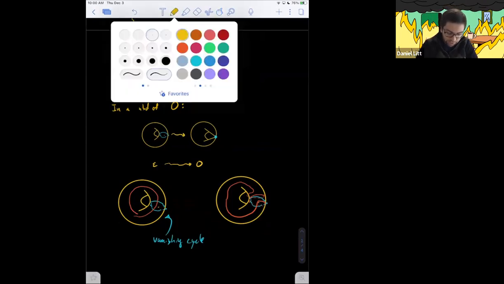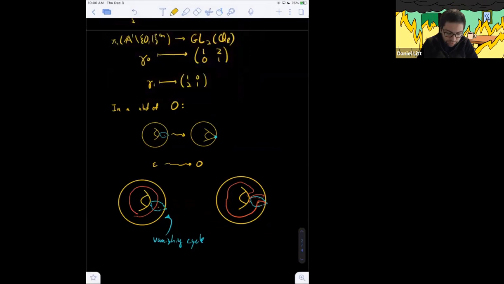But maybe before I do that, the other thing I wanted to note is that these 2 elements topologically generate an open subgroup of SL2 Q_l.